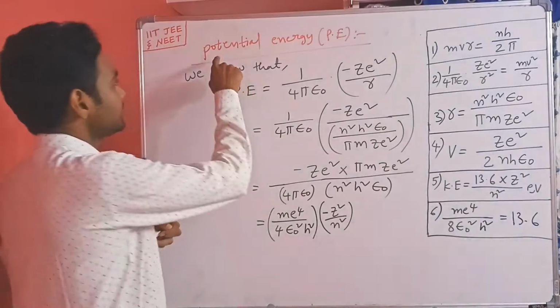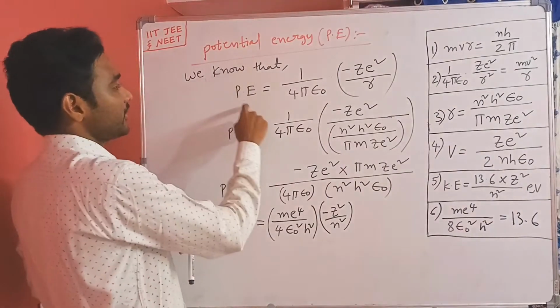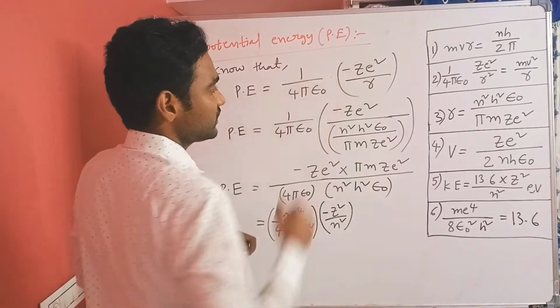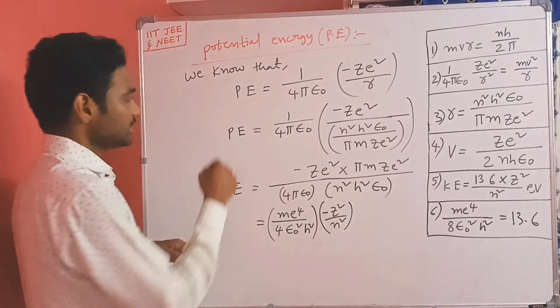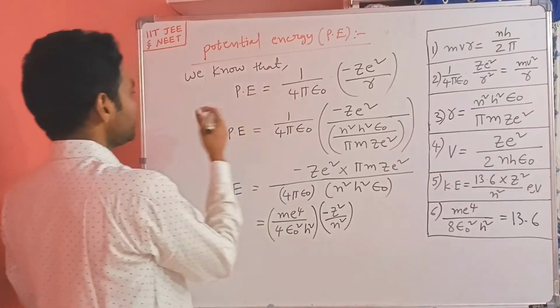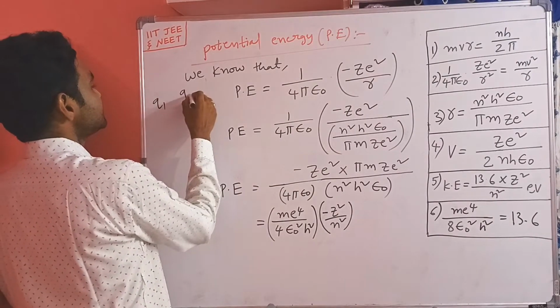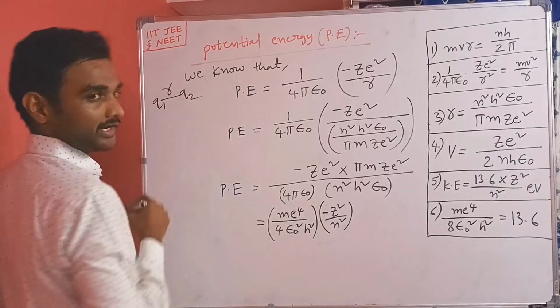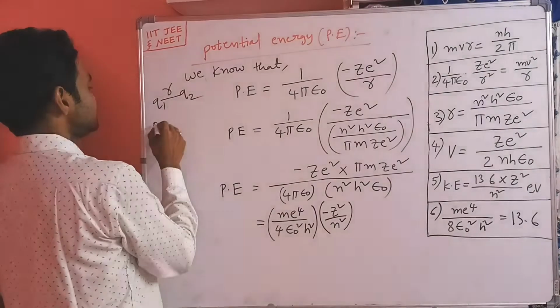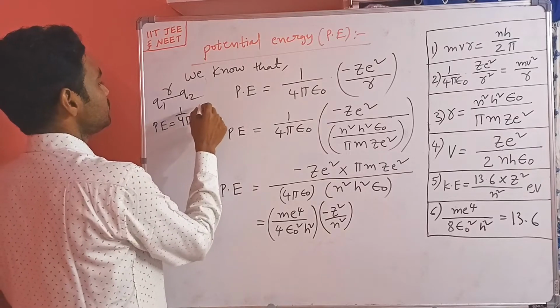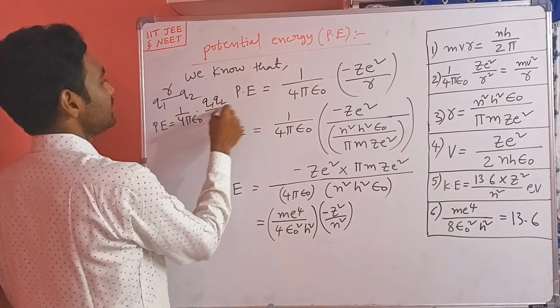Now let me calculate potential energy. We know that potential energy is equal to 1 by 4 pi epsilon naught into minus Z square by r. See here, how did this one come? It came from Q1, Q2, the charges, separated by r distance. Potential energy is equal to 1 by 4 pi epsilon naught into Q1 Q2 by r.